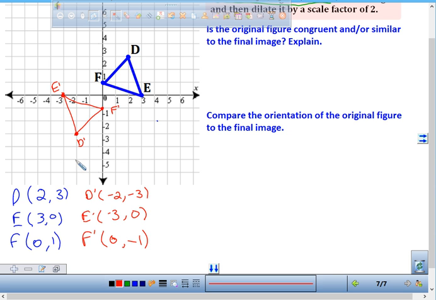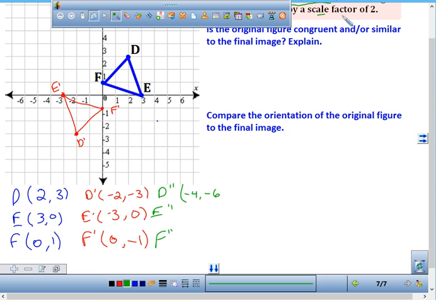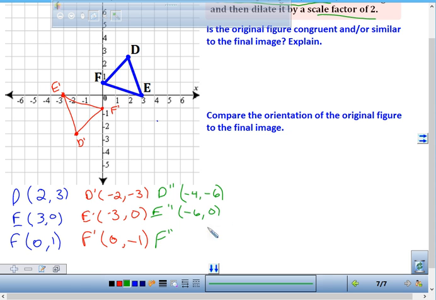Okay, the last thing you do, scale factor of 2. Okay? And scale factor of 2 means we do what? Times everything by 2. Multiply everything by 2. Okay, so D prime is going to become what? -4, -6. That's what our scale factor of 2 says to do. E double prime, -6, 0.